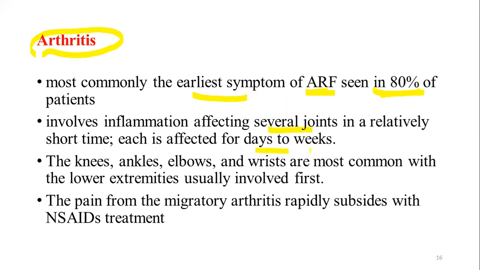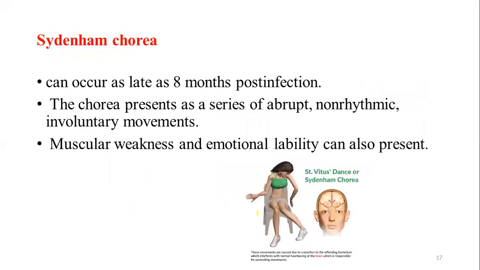Each joint can be affected from a few days up to several weeks, then it will migrate to another joint. The knee, ankle, elbow and wrist are the most commonly affected joints in ARF. Due to the inflammatory reaction, migratory arthritis can subside with NSAID treatment.